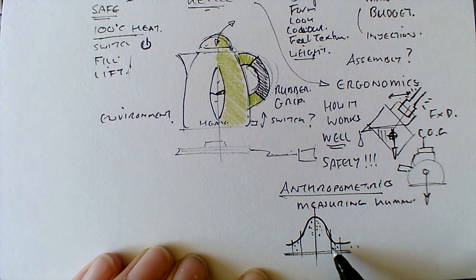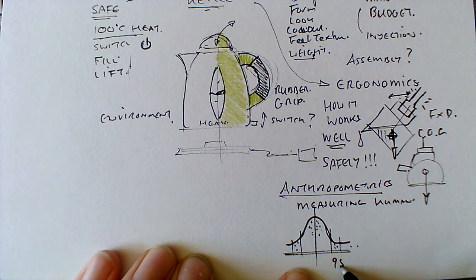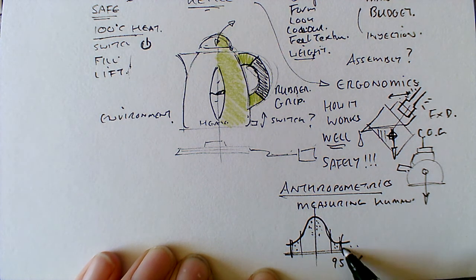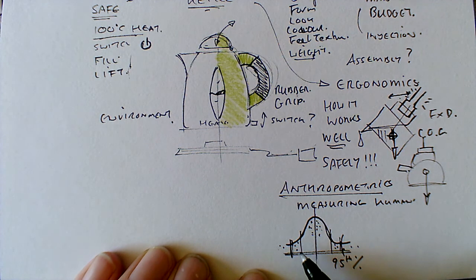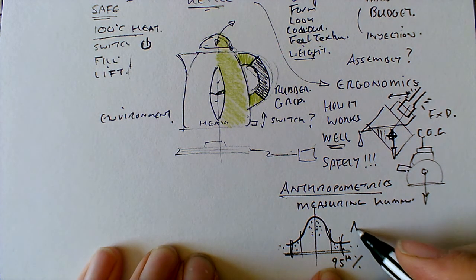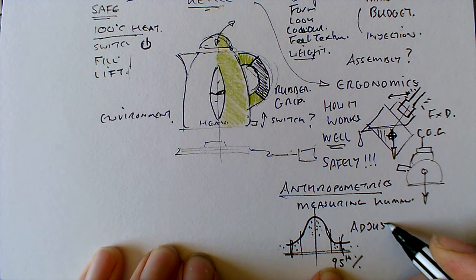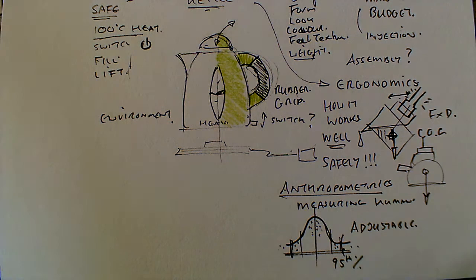Perhaps not the average, because these people would still bump their head. So what we design for is what we call the 95th percentile. We cover about 95% of the people from there to there. The few people at the outliers, but at the same time we think about car design. We make things adjustable. There's a question in the exam paper.